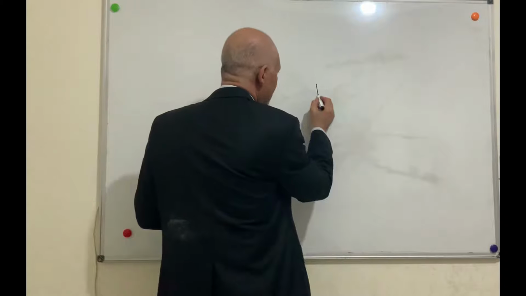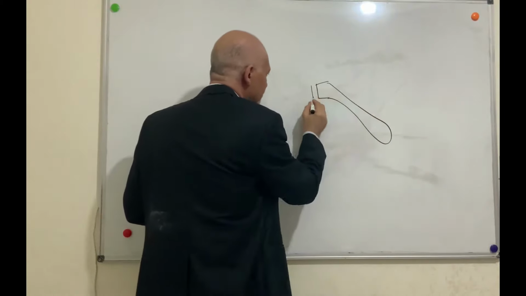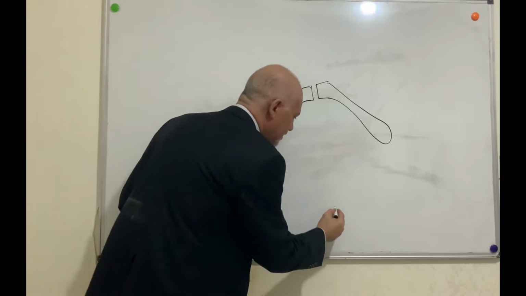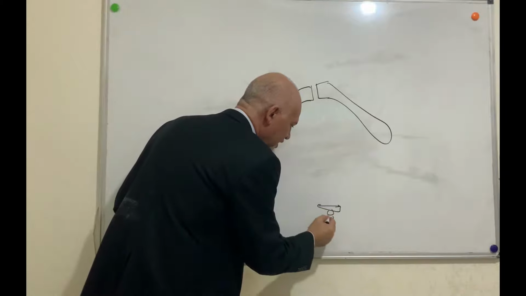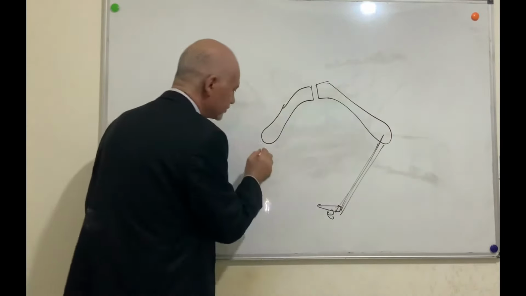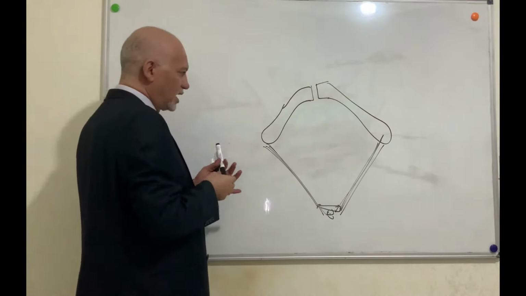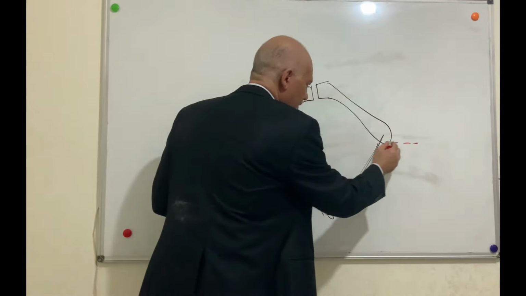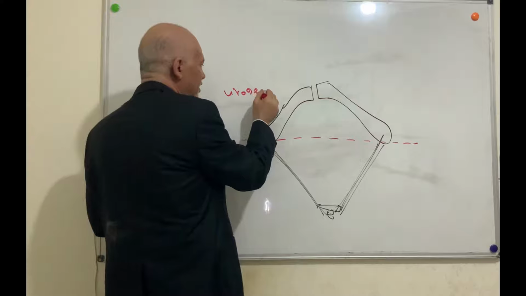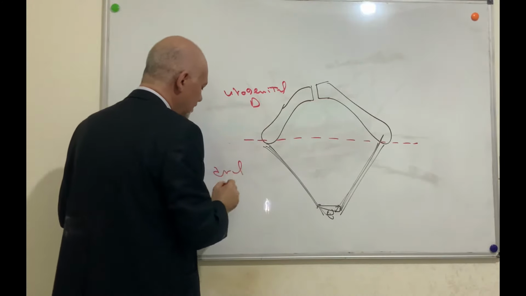Again, this is the semicircular pubis. This is the pubic arch. This is the tip of the sacrum, and this is the sacrotuberous ligament. By a line, we divide the perineum into the urogenital triangle and the anal triangle.